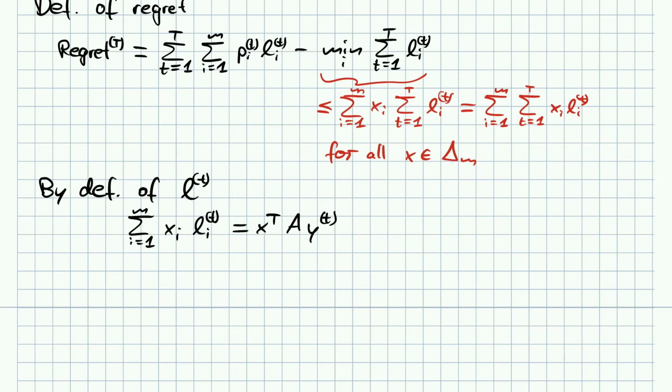So what this is telling us is that if we now take the minimum over all i, sum over all t, the lit, so the cost of the best single expert, this is upper bounded by the minimum over all possible x in delta m of the sum over all time steps of x transpose times A times yt.